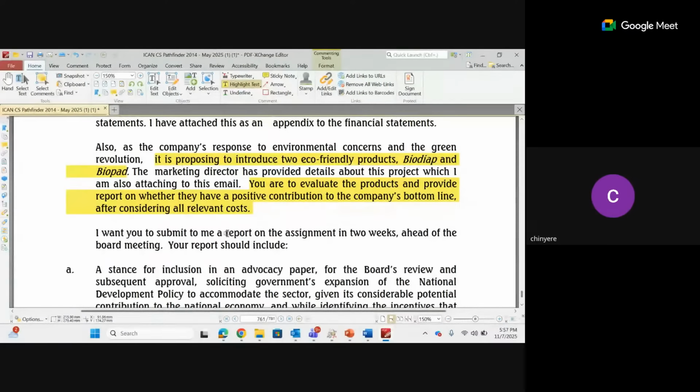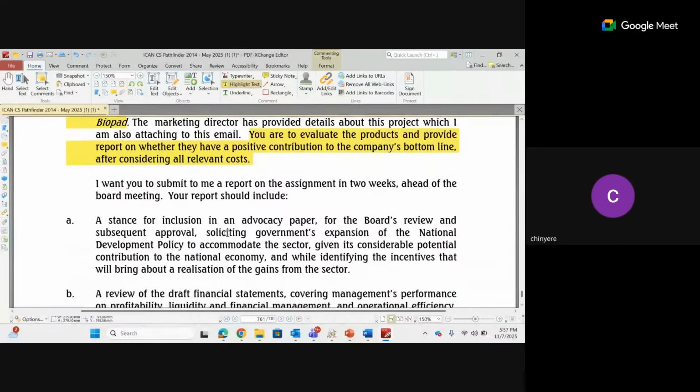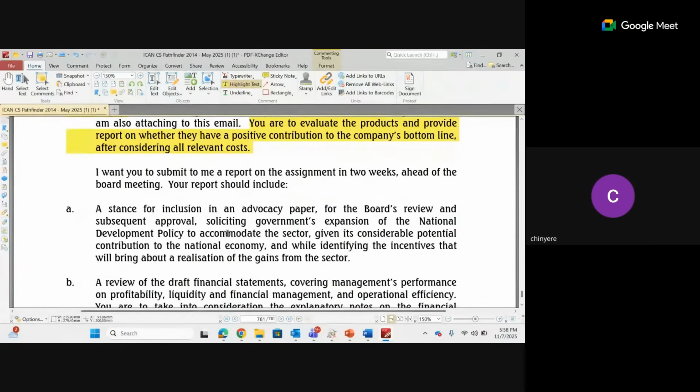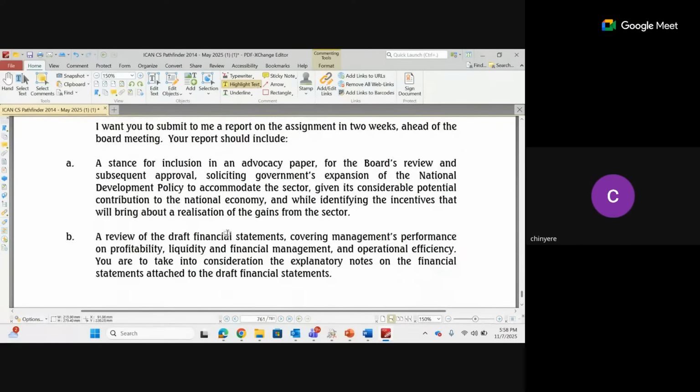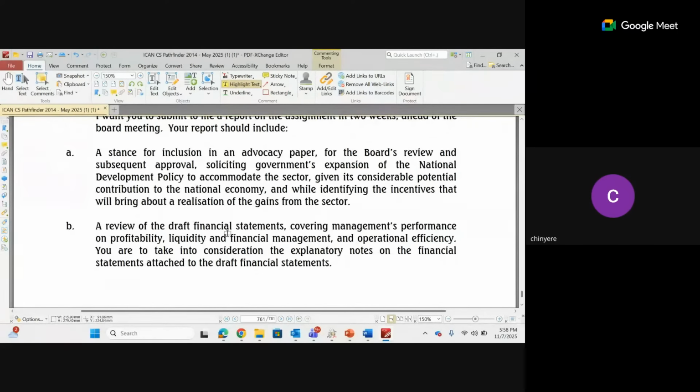Your report should include a stance for inclusion in an advocacy paper for the board review and a subsequent approval soliciting government's expansion of the national development policy to accommodate the sector, given its considerable potential contribution to the national economy, and while identifying the incentives that will bring about a realization of the gains from the sector. B, a review of the draft financial statement covering management performance on profitability, liquidity, and financial management and operational efficiency.